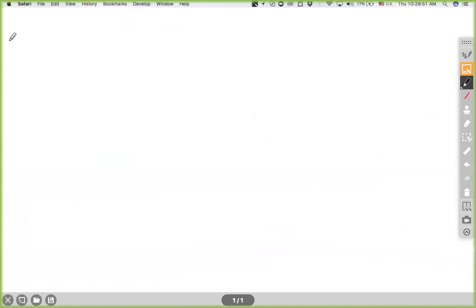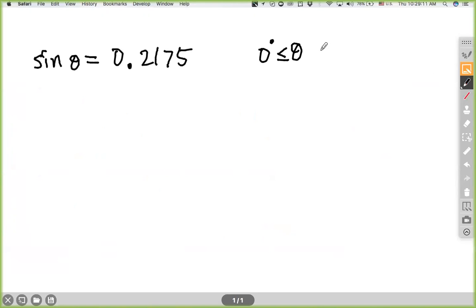So here's a question. Suppose you're given this question: sine theta equals 0.2175. It's a random number, suppose you're given that. And you want to find an angle between 0 and 360 degrees. This angle range is typical, and this is the easiest case.